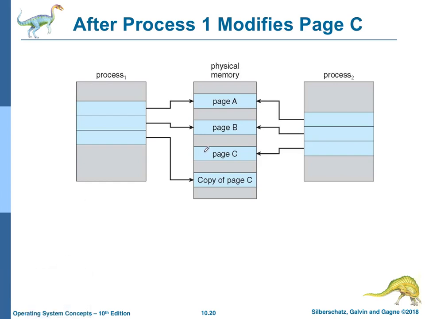You can see clearly that if C is being modified by process 1, then only process 1 is referencing this copy of C, while process 2 is still accessing its C. This C is still valid for process 2, but it's no more available to process 1. So process 1 can only access its own page C. So this is what copy on write is.